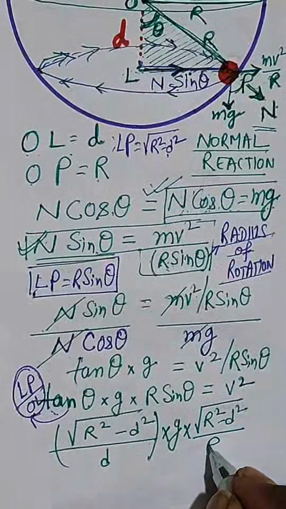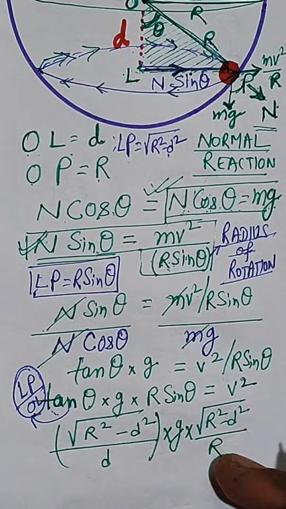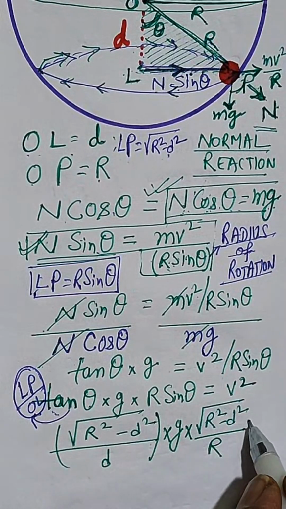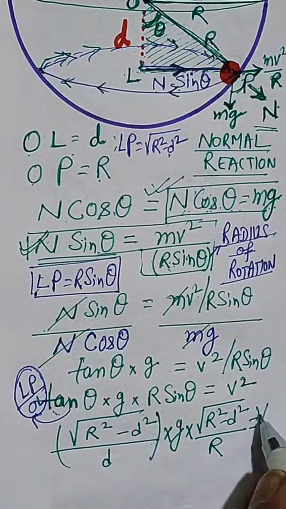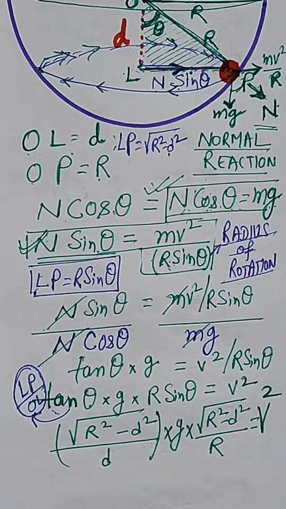And OP is nothing but the radius. Okay, just simple. It's a simple Pythagoras and sin theta cos theta, putting up the value. And this is equal to v square, right?